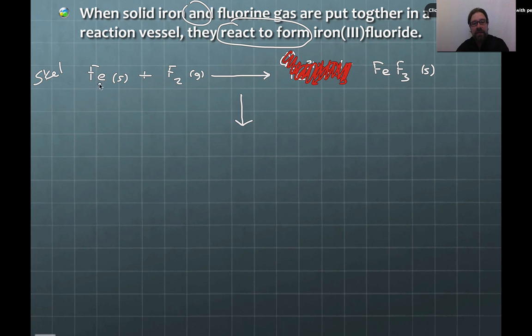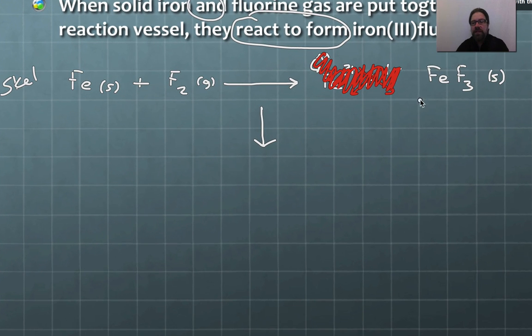On the left-hand side of our equation, we have 1 Fe, and on the right-hand side, we have 1 Fe. So that's good. However, our second reactant of F2 means we have 2 fluorines, but here I have 3 fluorines. And there's no real easy way to balance 2 and 3 except using the least common factor.